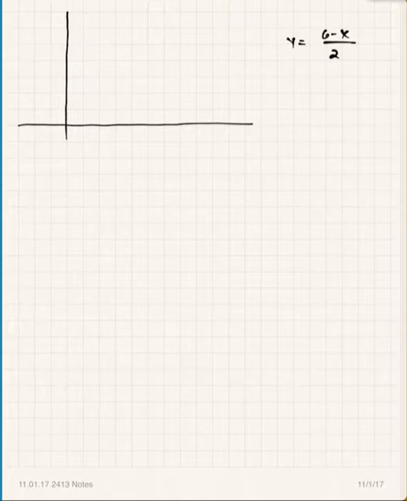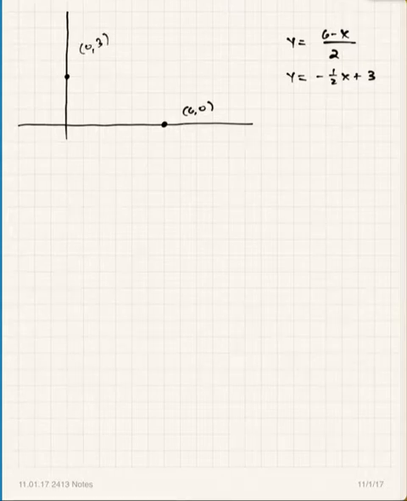Or if you wanted to write that in slope-intercept form, you could write it as negative 1/2 x plus 3. Those are the exact same equation. That particular equation has an x-intercept at (6, 0) right here, and it has a y-intercept at (0, 3) right here.